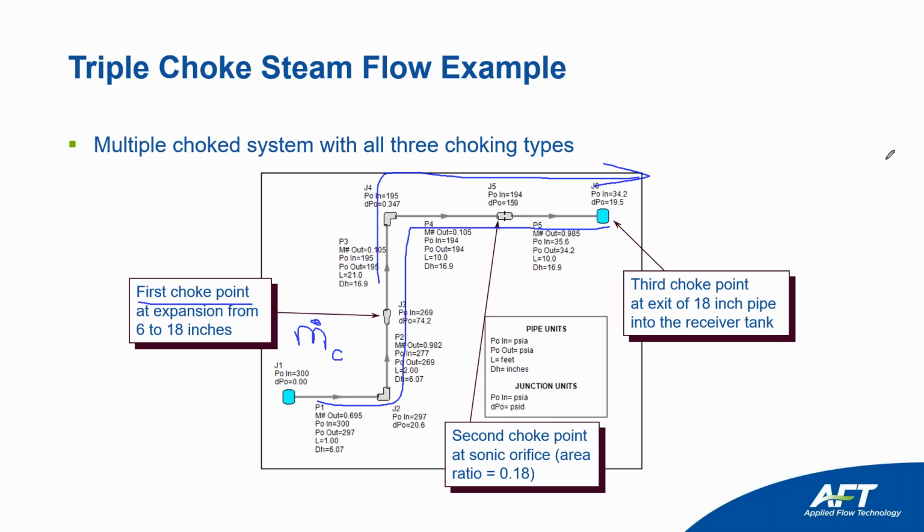So what we're going to talk about now is how AFT Arrow handles this type of behavior. It starts off with these boundary conditions at the inlet of the system. And we use the marching methods, which I didn't get a chance to talk about today, but they are talked about in that Chemical Engineering magazine article on compressible flow that I referred you to in the PowerPoint.